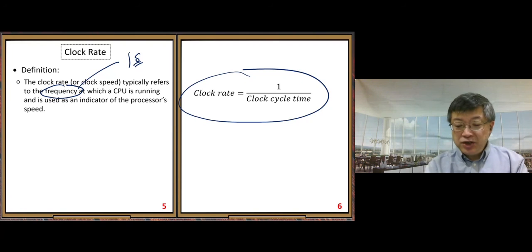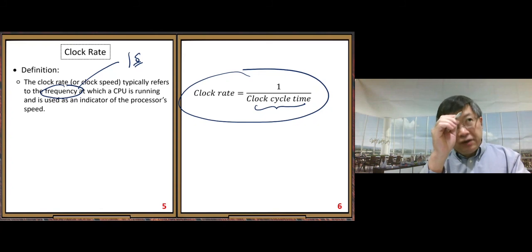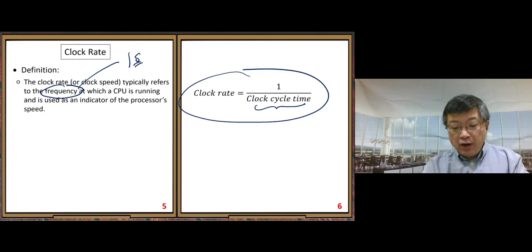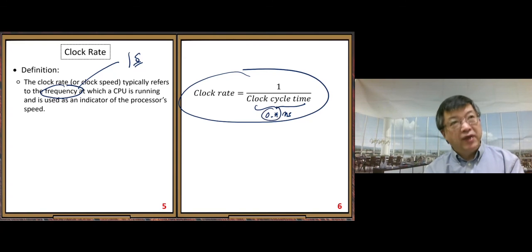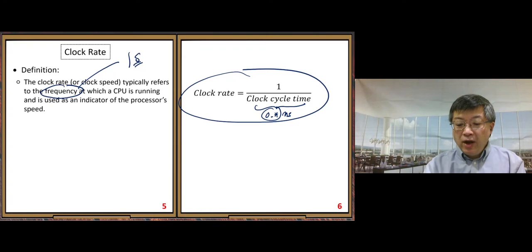Clock cycle time is usually a fraction of a nanosecond, NS, 0 point something nanosecond. Nanosecond equals 10 to the negative 9th second.